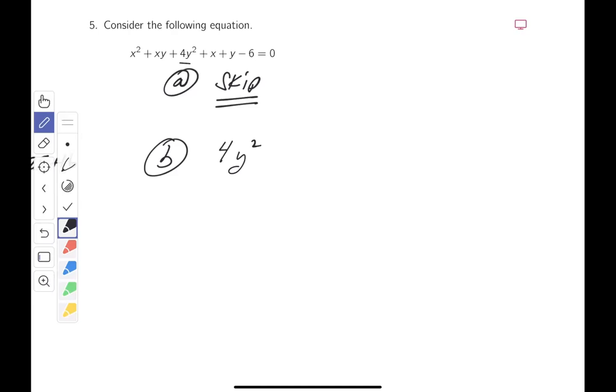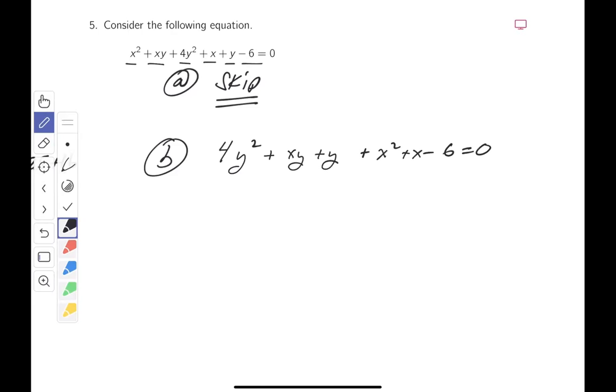The next term would be the term with just the y in it. So it's going to be plus xy plus y. The other thing is going to be what's left over, and what's left over, I'll write this down for you, plus x squared plus x minus 6. It's nightmarish.